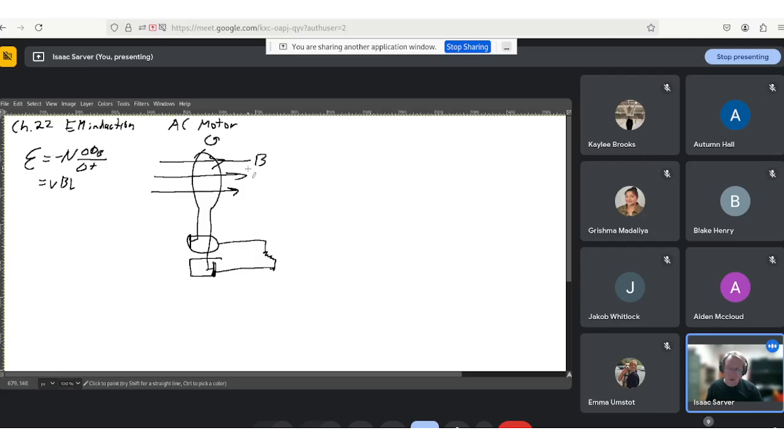And so the magnetic flux goes as N A B sine omega T, like so. And so this guy is changing with time constantly. And so that means that there will be an induced EMF as a function of time.